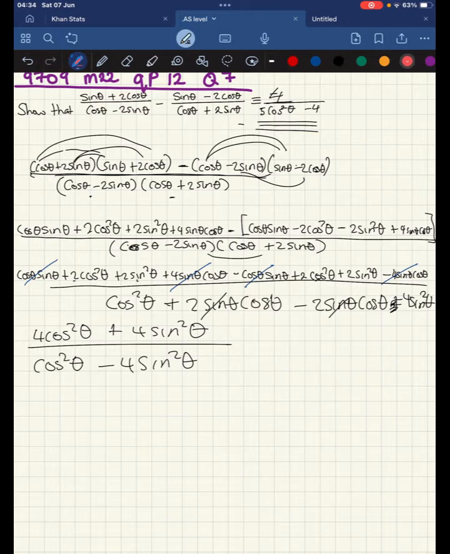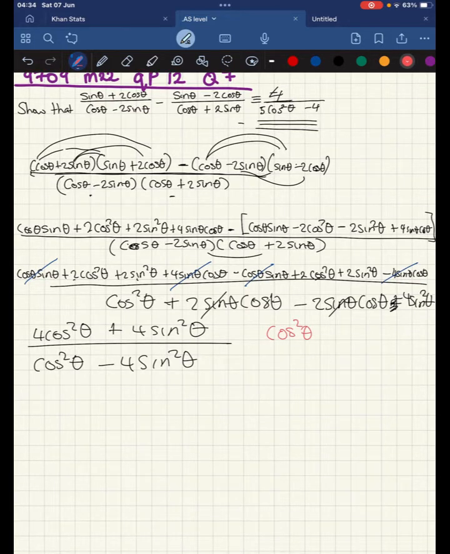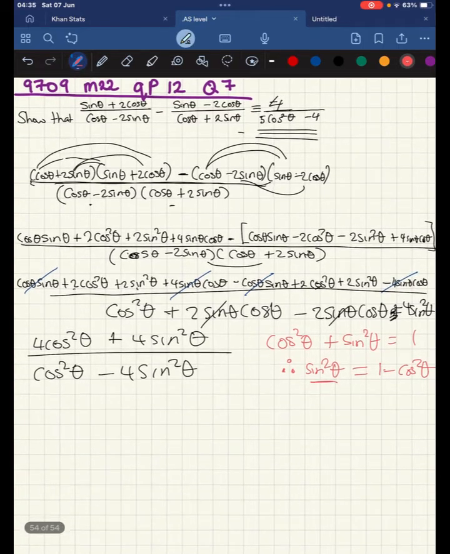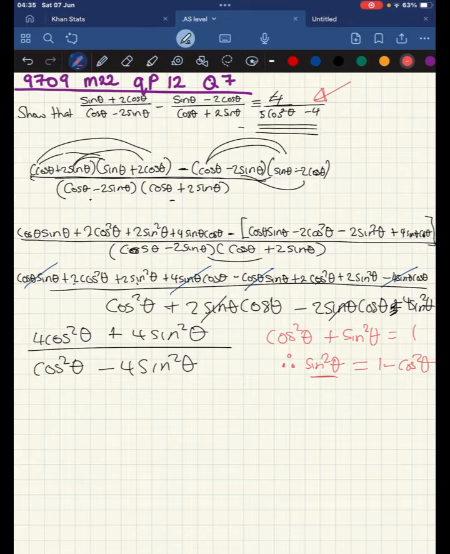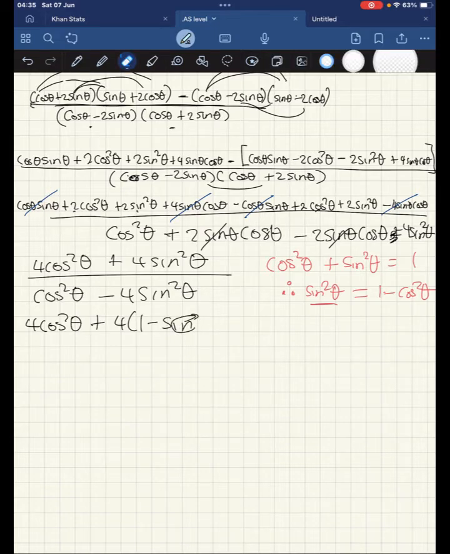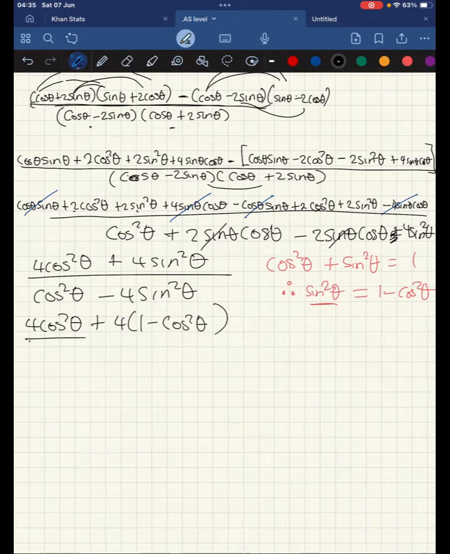Then from there we can remember that sine squared equals 1 minus cos squared, and why do I want that? Because I want it in terms of cos, since there's no sine here. Alright, cool. So we go back: 4 cos squared theta plus 4, 1 minus cos squared.